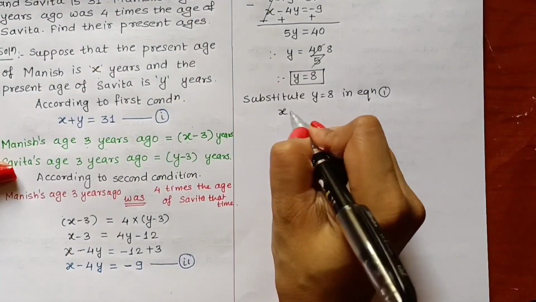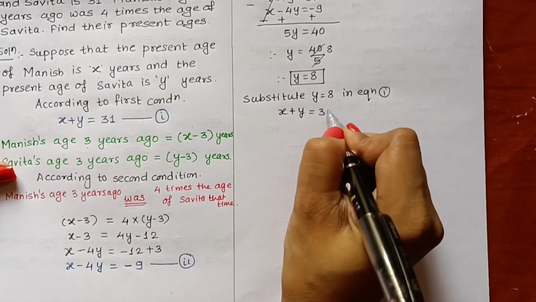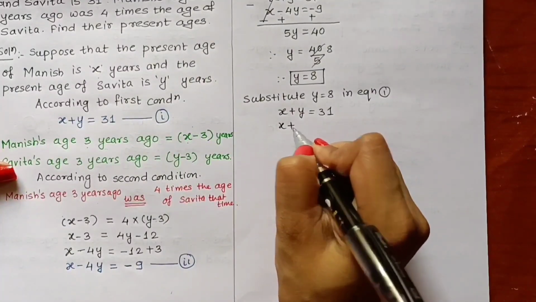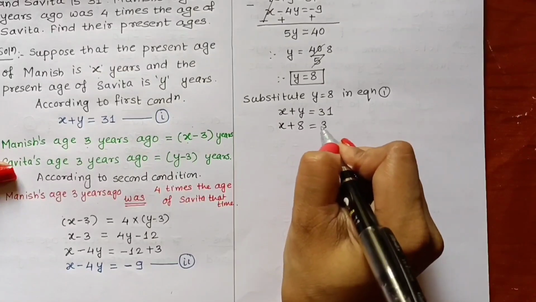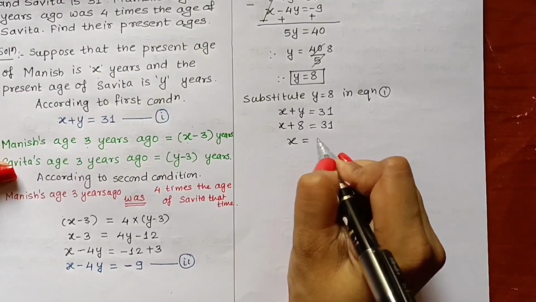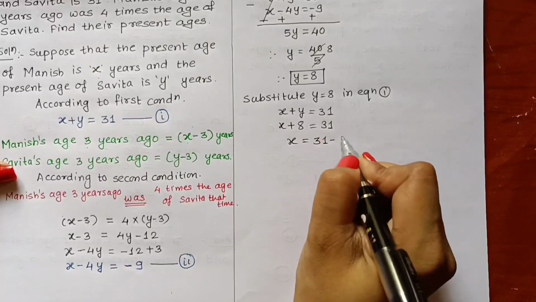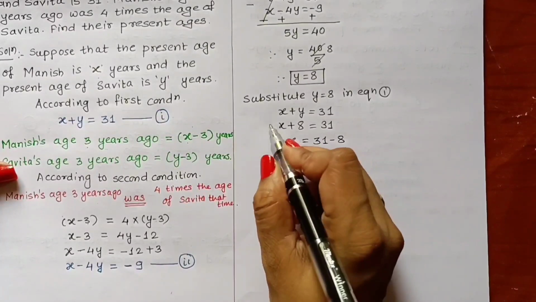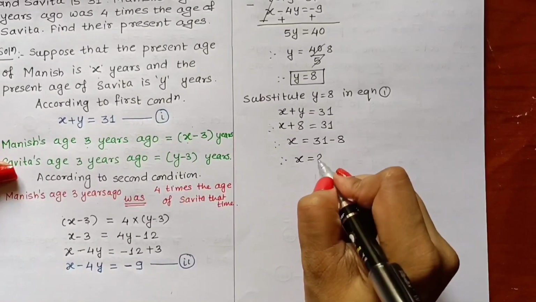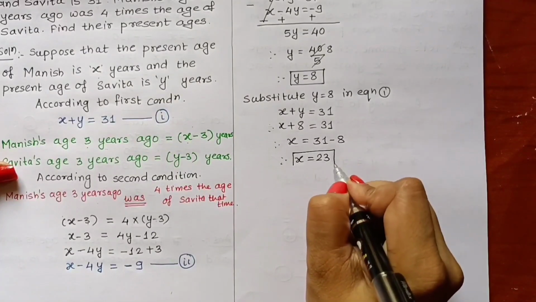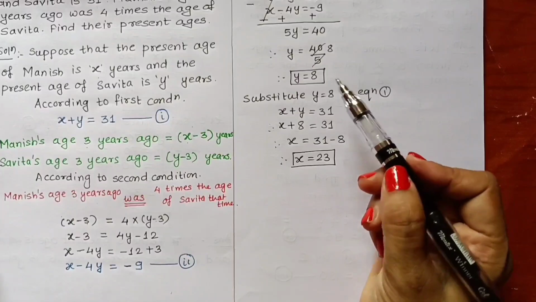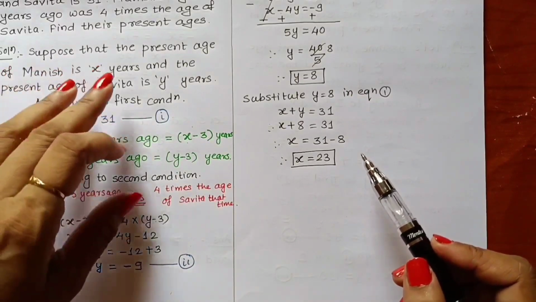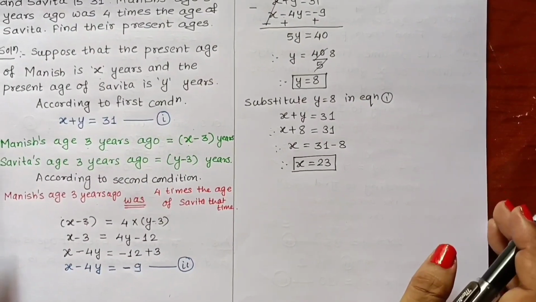Equation 1 is x plus y is equal to 31. x plus 8 is equal to 31. x is equal to 31, this plus 8 transfers, it becomes minus 8. And therefore x is equal to, what is 31 minus 8? It will be 23. So in this way we have got the present ages of Manish and Savita.